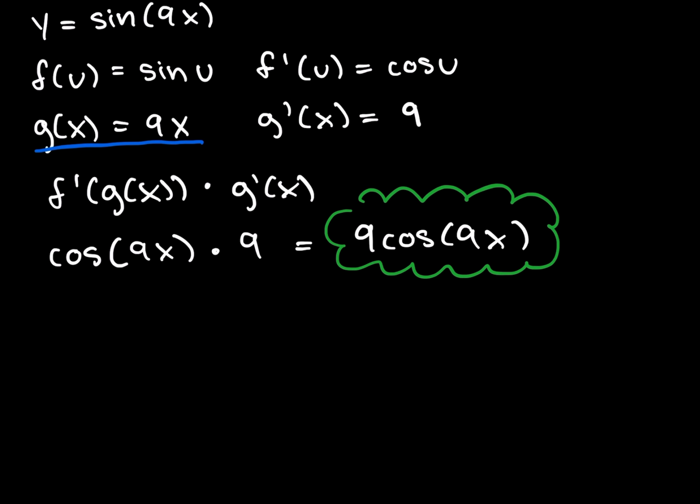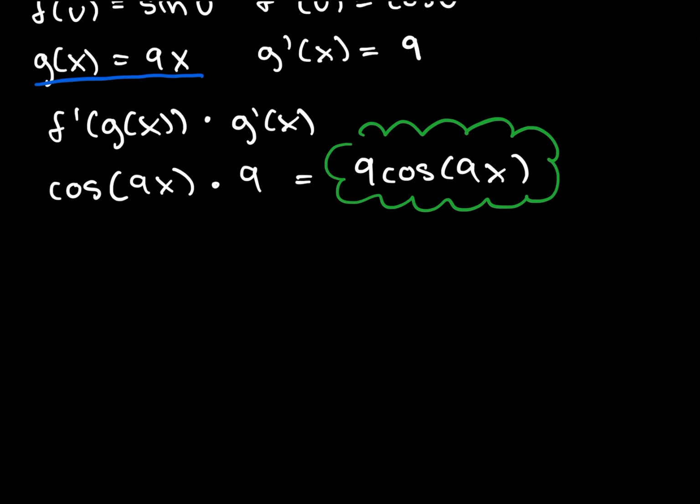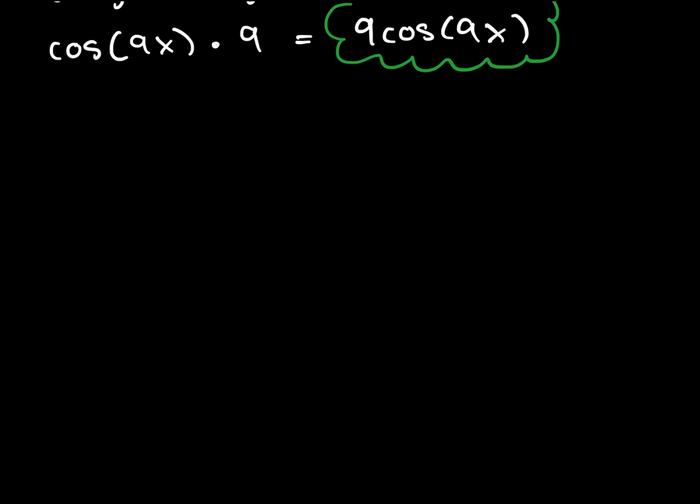Now, what if we have the problem of a trigonometric function to a power? Say we're given y is equal to cosine to the 6th of x.